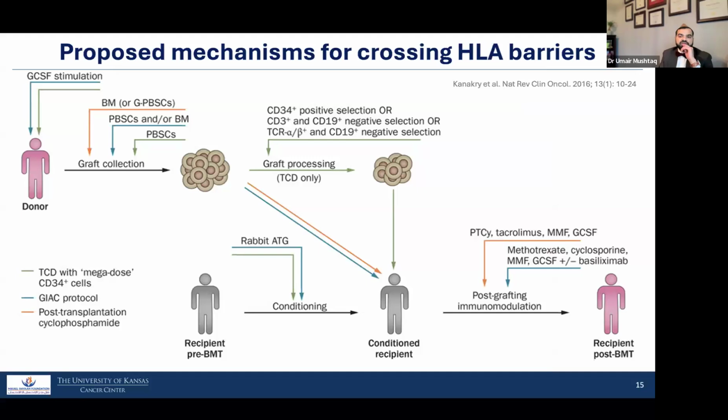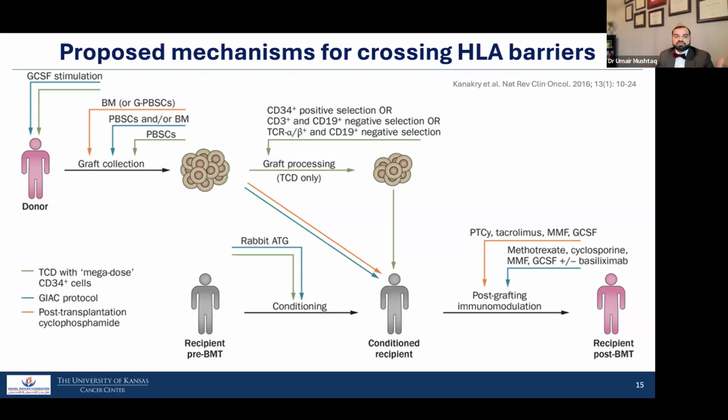So, mechanisms for crossing HLA barriers: when you were using a fully matched donor as a graft source, the risk of graft versus host disease and rejection was lower, but here you have a half-matched donor. And how do you go about bridging that HLA disparity? There are two main regimens that have been developed. One is T cell depletion.